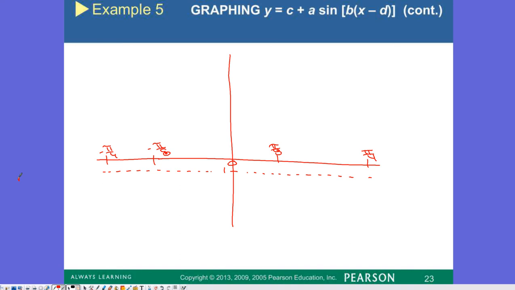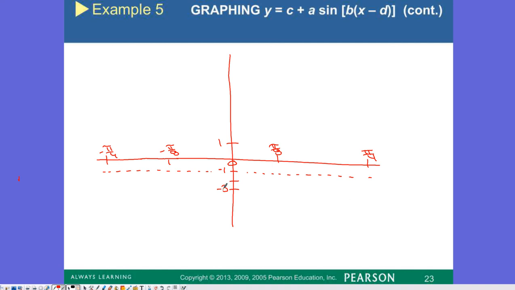All right, so let's take a look then. I don't like that, I'm going to fix this piece. What was my amplitude? It was 2. So from my negative 1, it's going to go up 2, so it's going up to 1, and it's going down to negative 3. My function was what, sine or cosine? Sine.